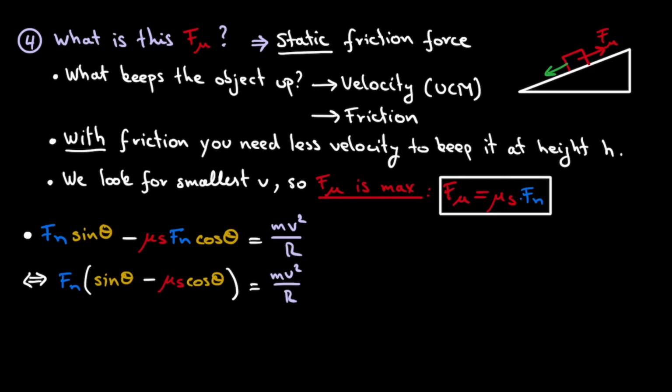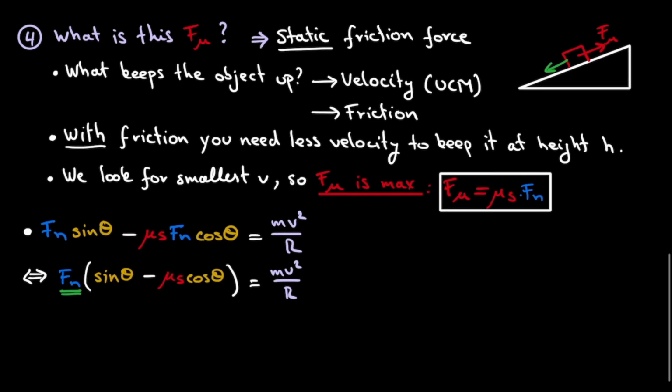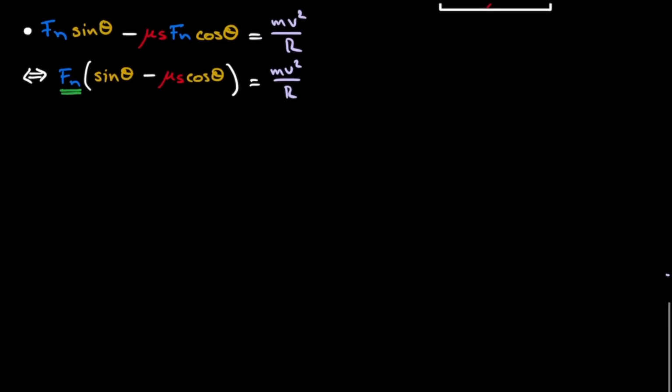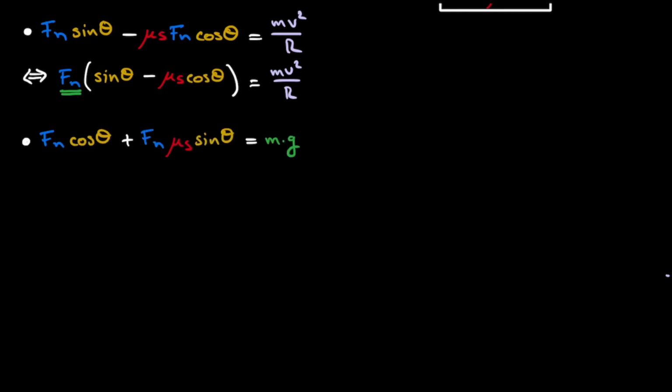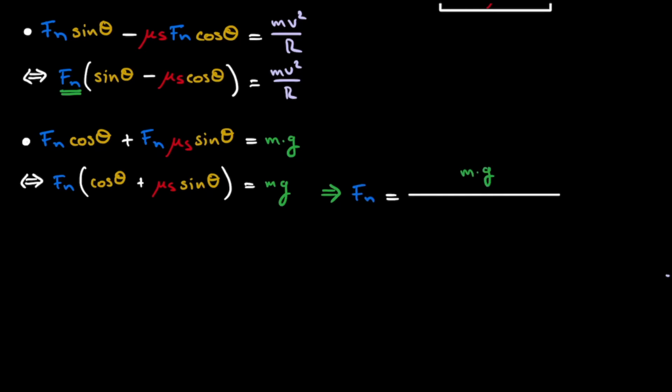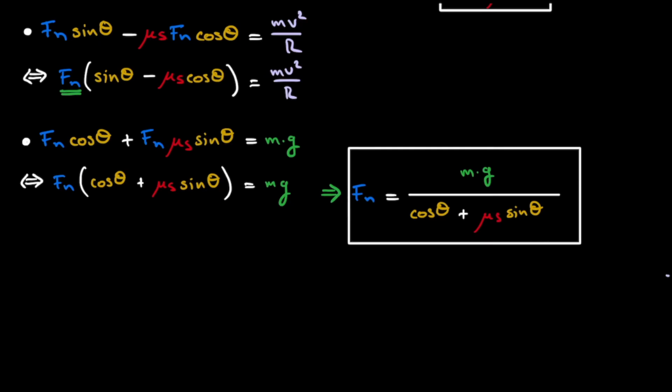And at this point we have an equation with the velocity that we're looking for, but still we have this magnitude Fn of the normal force for which we don't really know an expression. However, we still have of course the second equation, and if we also in this equation replace the static frictional force with the formula Fn times the static frictional coefficient, then also here we can factor out the magnitude of the normal force on the left hand side, and we can bring this factor with the cosine and the sine of theta to the other side.